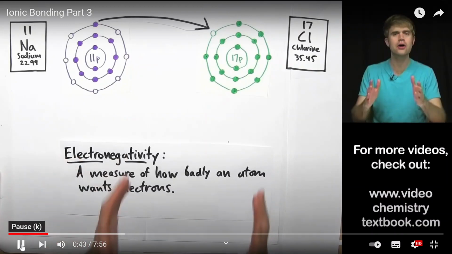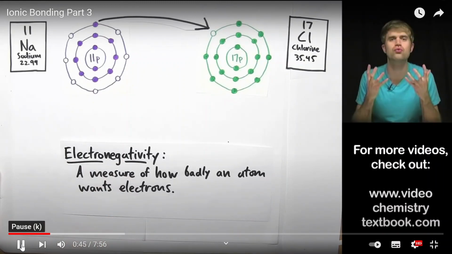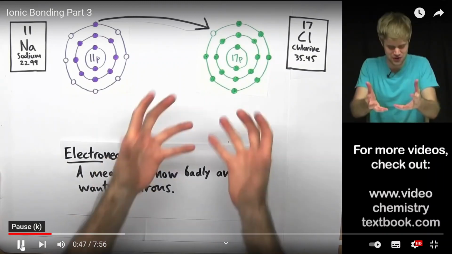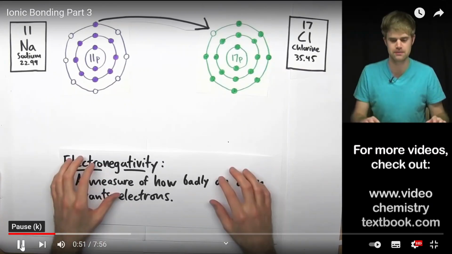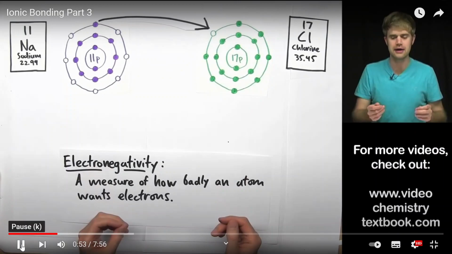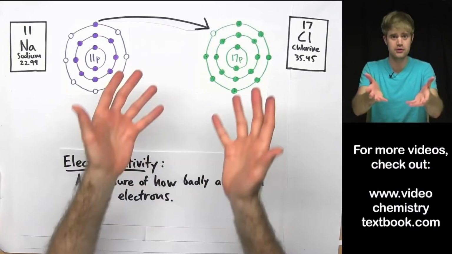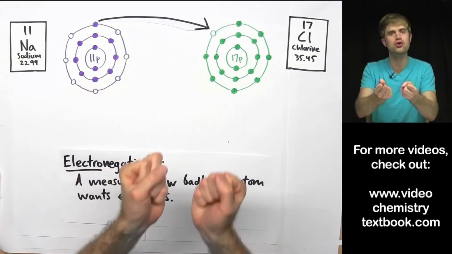The higher an atom's electronegativity, the more greedy it is for electrons, the more it wants to try to steal them from other atoms. So in ionic bonding, there are electron givers and there are electron takers.